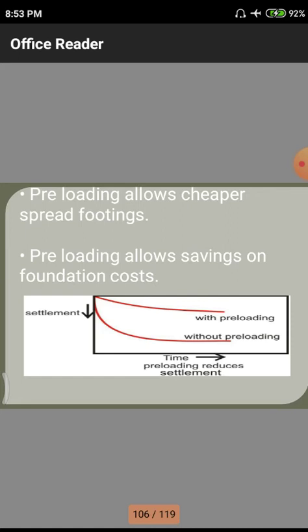That means with preloading we have a huge amount of settlement, but without preloading we have a gradual settlement with respect to time. With preloading we have a higher value, but without preloading a lower value.